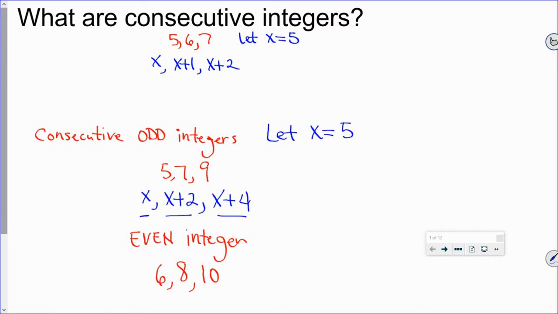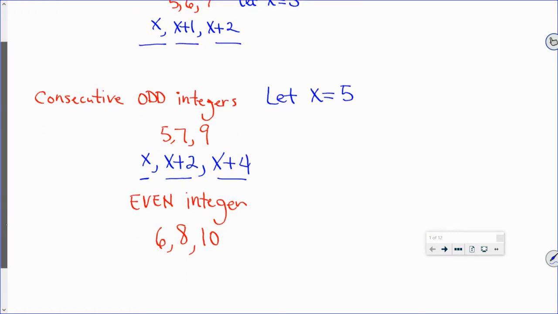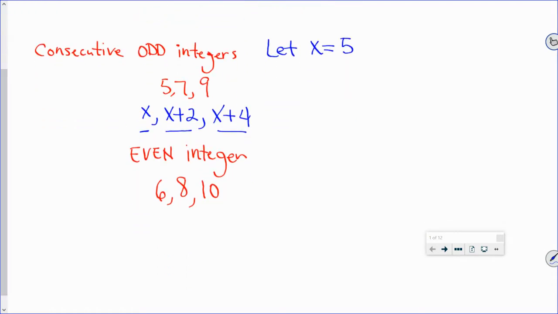Okay, so I had the expressions for just consecutive integers, one after another, x and x plus 1, and x plus 2. And then I've got my odd integers. If it starts with an odd one, x plus 2, x plus 4. So I wonder what it'll look like with even integers. Well, let's let x equal 6.